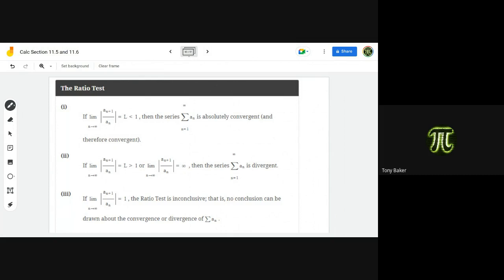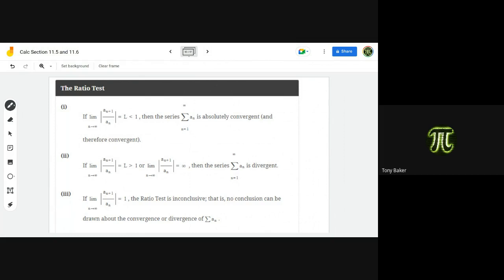Okay. So unlike the other ones where we're looking at the limit going to 0, this one we're looking at the limit around 1. If it's less than 1, it's absolutely convergent. If it's greater than 1, it's divergent. And if it equals 1, it's inconclusive.